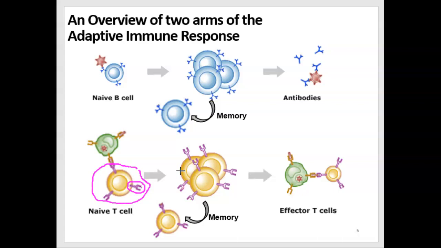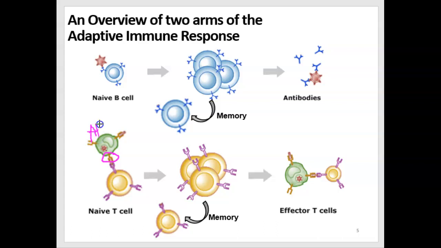We call these host cells that have already engulfed a viral particle or been infected by a viral particle, processed it in some way, and then present some part of the virus anyway out on its surface. So T lymphocytes have to have this virus presented to them by one of your body cells. We call these antigen presenting cells, and the green cell would be an antigen presenting cell.